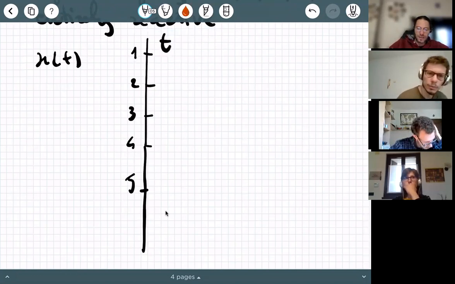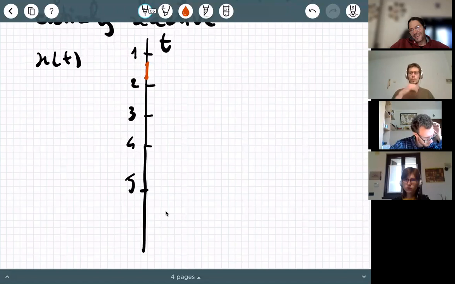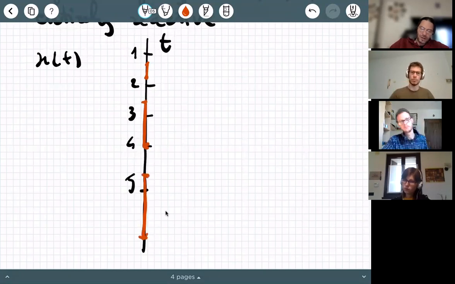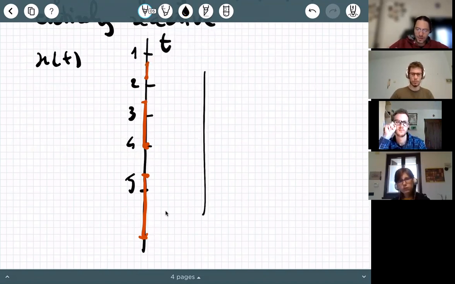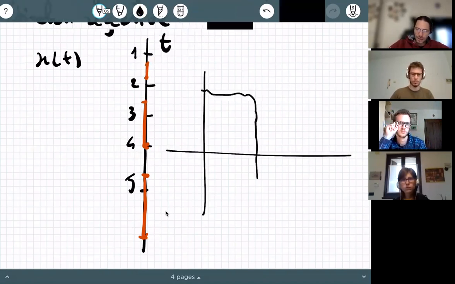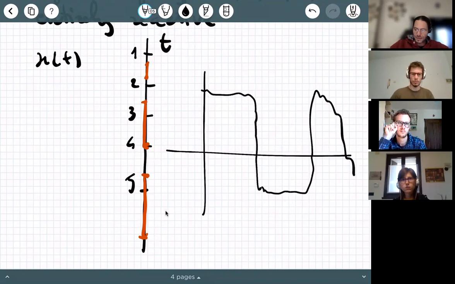Typically by continuity, if I'm reactive at some time, I will be there for more than just an instant. So I can draw in orange the segment where I'm continuously reactive. So these are times in which the ergodic trajectory is reactive. If I were to draw it, something like here, here, here, for instance.